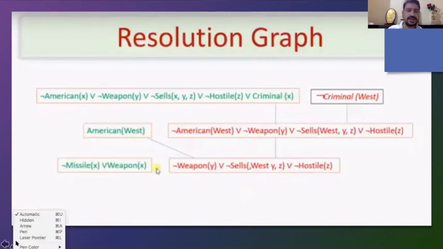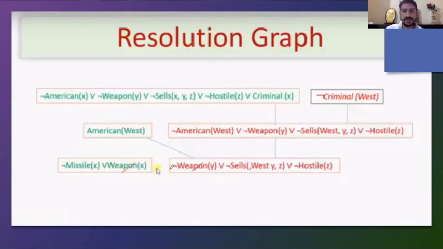So again with the resolution rule, what we get is, this weapon and weapon will be cancelled out, because this Y is nothing but a missile, right?